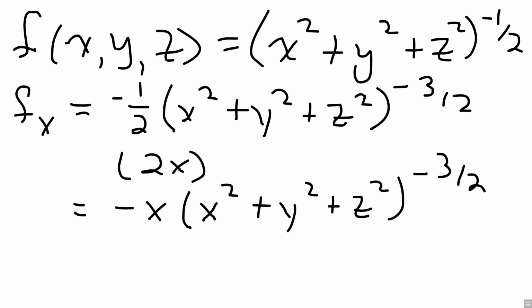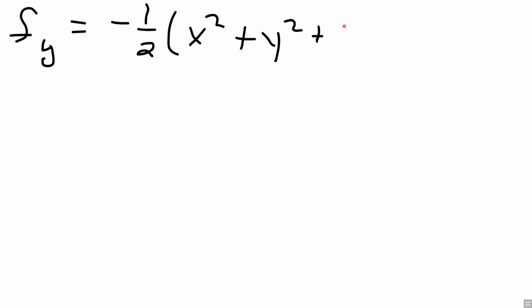Next, still the same function, but this time we're going to do the partial with respect to y. What's going to come up front? Negative 1/2. So we have negative 1/2 times the expression x squared plus y squared plus z squared, raised to the what power?